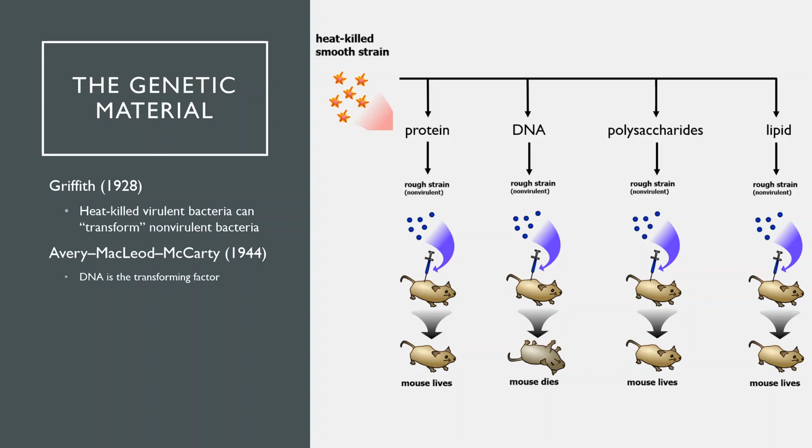So years later, the identity of those instructions, which we call the transforming factor, whatever it is that transforms the R strain and S strain cells, was worked out by another group in 1944. And what they did is they took those heat-killed cells and separated the cellular components into the different major macromolecules.